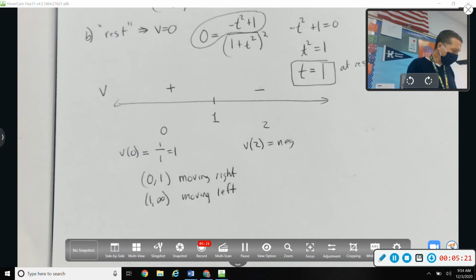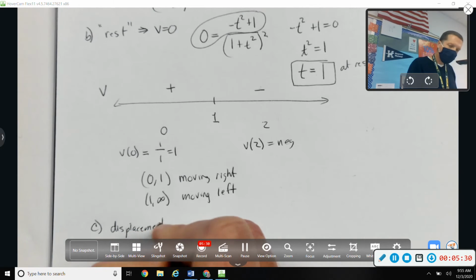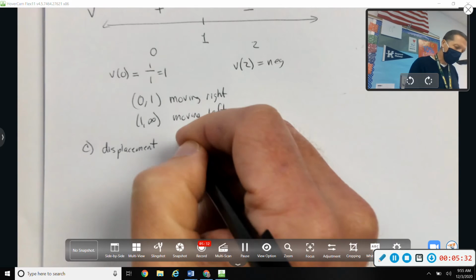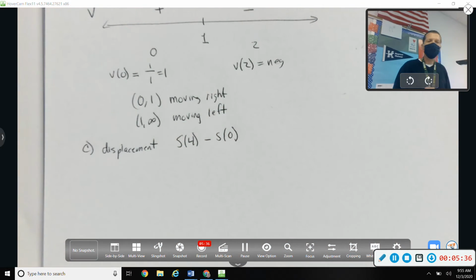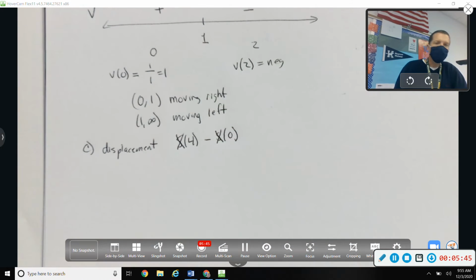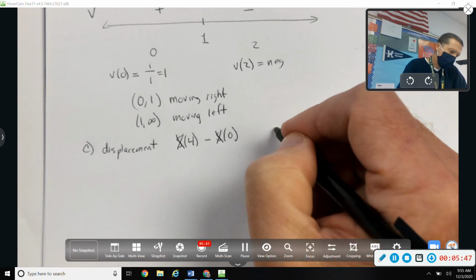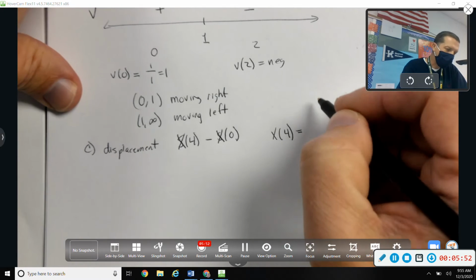Part C, find the displacement of the particle during the interval 0 to 4. Right, displacement. So that's just where we are minus where we started. So s of 4 minus s of 0. Oh, I guess this one's in x's, so x of 4 minus x of 0. So x of 4, so I look all the way back up at the position equation.